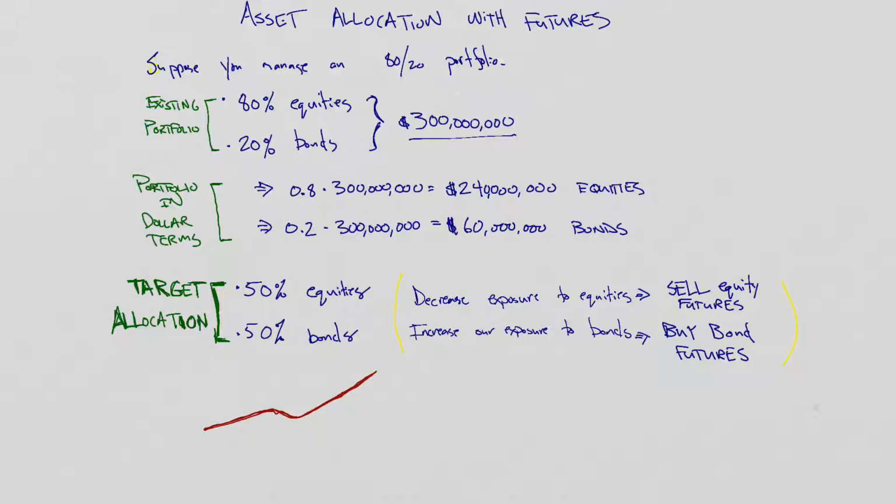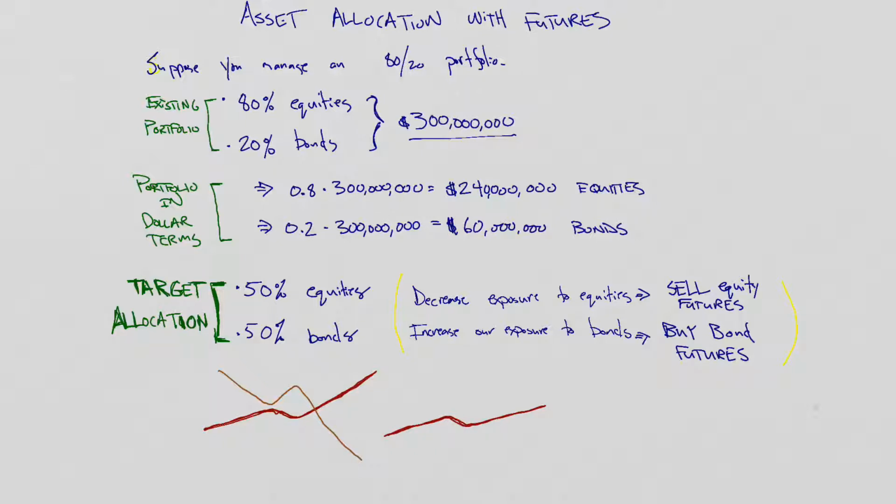And so if we find this offsetting futures position that goes down when equities go up, goes up when equities go down, and vice versa, we can get a portfolio that looks flatter, less subject to equity movements. It's the same hedging strategy or the idea behind hedging that we've looked at previously.